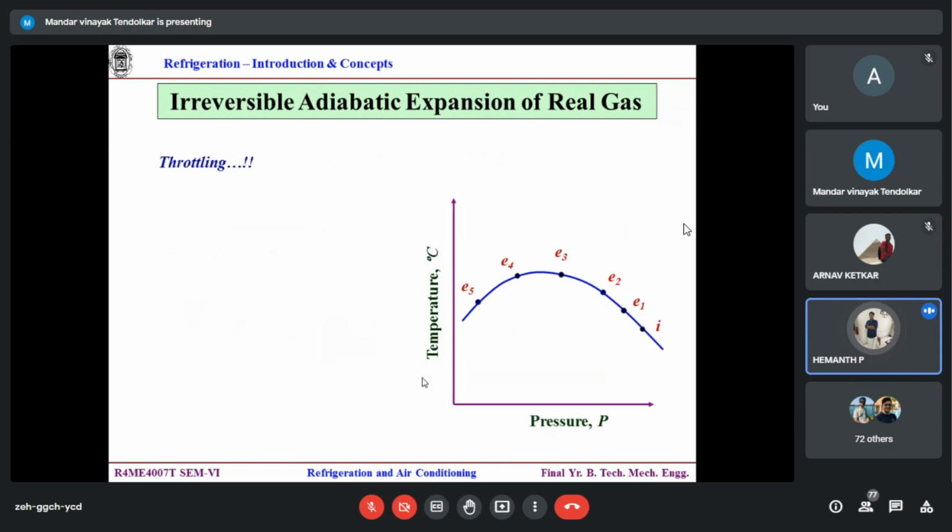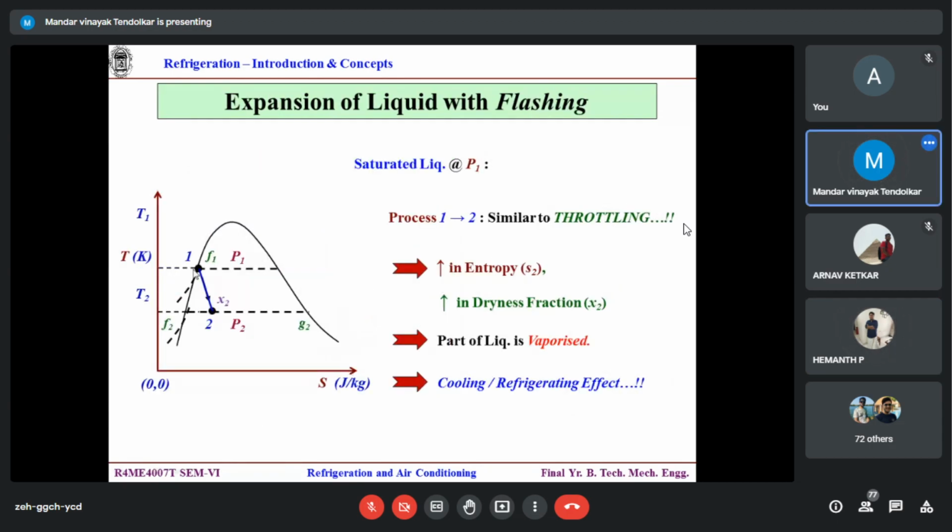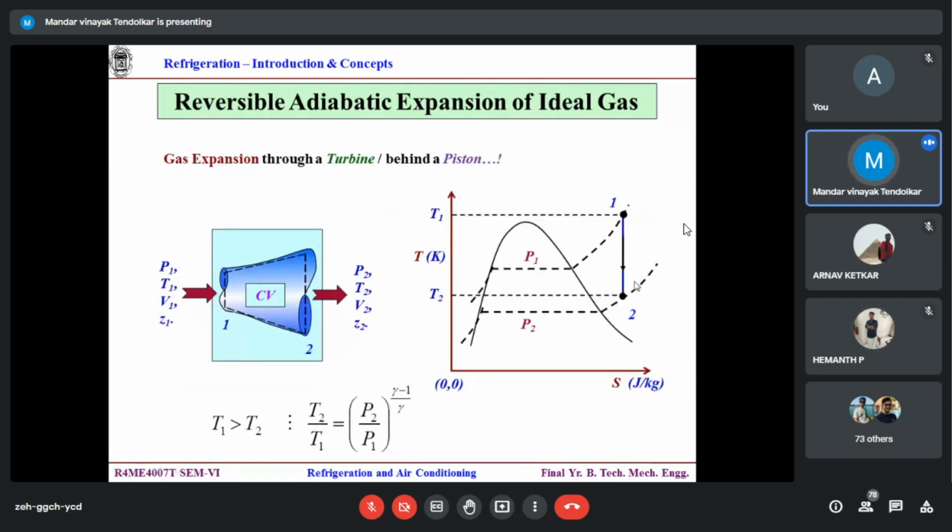Sir, how is the previous process absorbing heat from the storage space? This one, no, the turbine one. What is the problem? So how is it absorbing heat from the storage space basically?